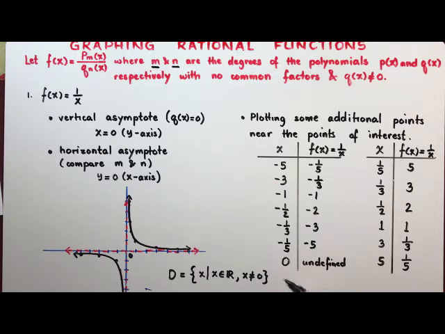So meaning all real numbers except 0. And also we can find the range of the function. So the range of the function is the set of all y such that y is a real number, but y must not be equal also to 0 because there is no function at y equals 0.